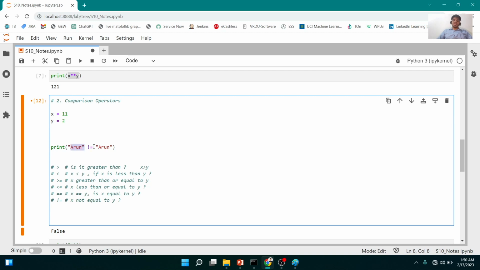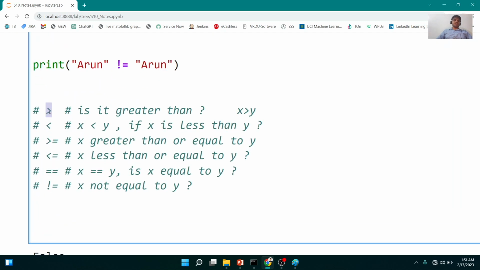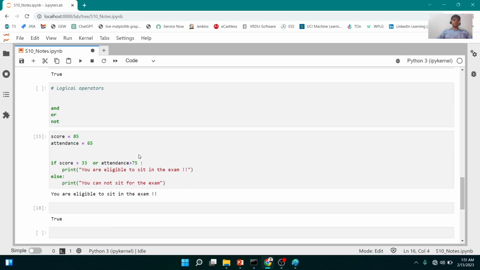According to your comparison, you're going to get either true or false as a response. Please look here carefully. What symbols do we have? We have greater than, less than, greater than or equal to, less than or equal to, and so on.